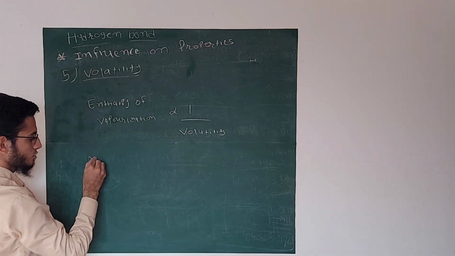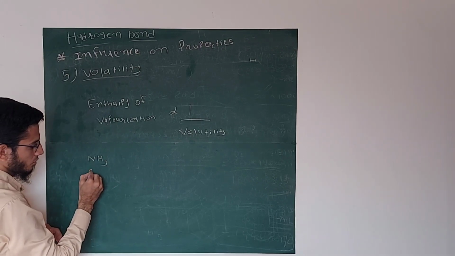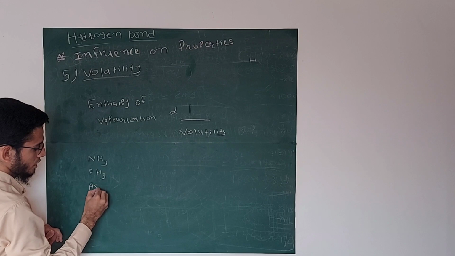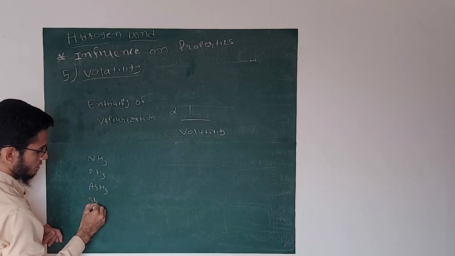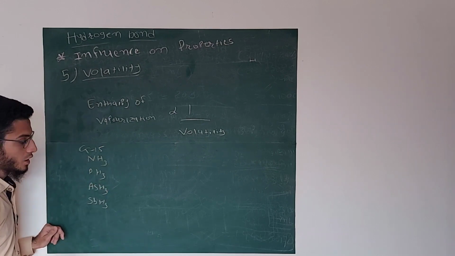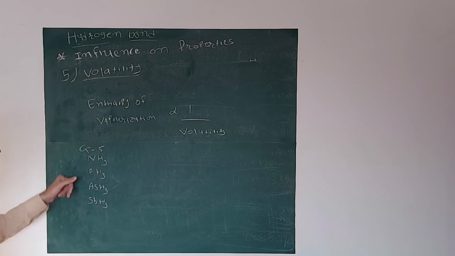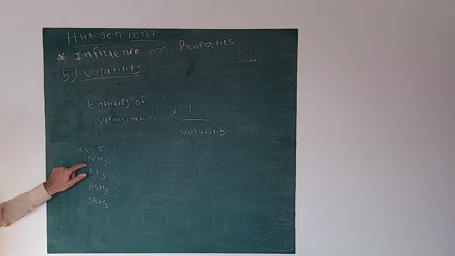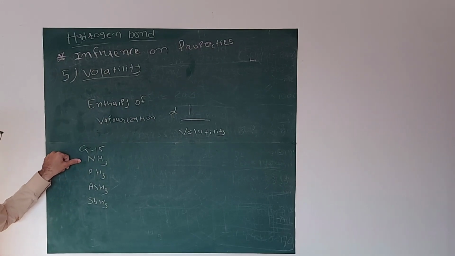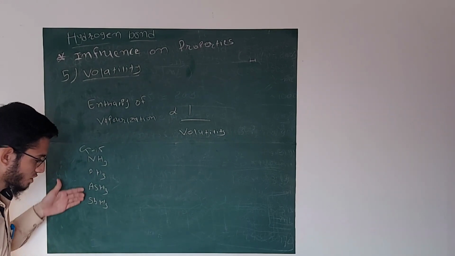So in the case of NH3, phosphine, arsenic, antimony, group 15: which will have the higher volatility? In NH3 there will be hydrogen bond, so the volatility will be lower because hydrogen bond is a stronger bond than van der Waals force.